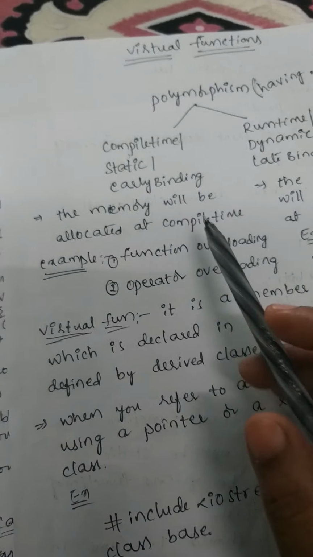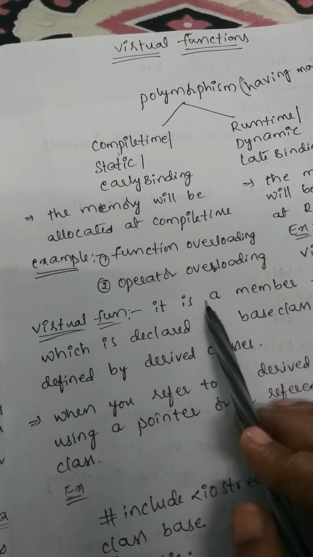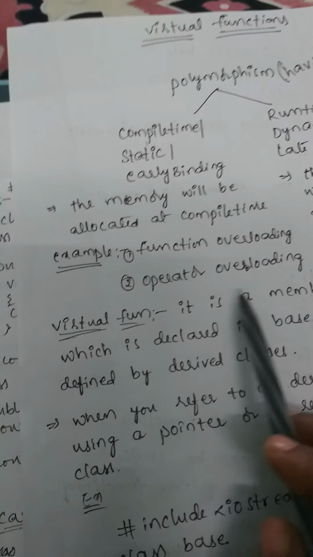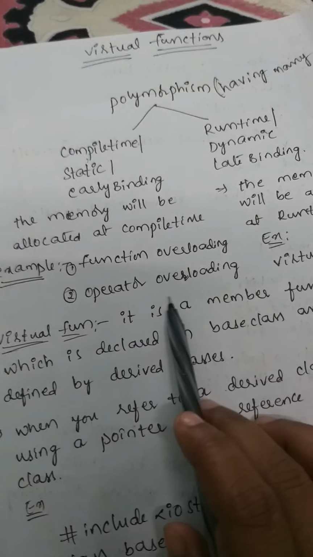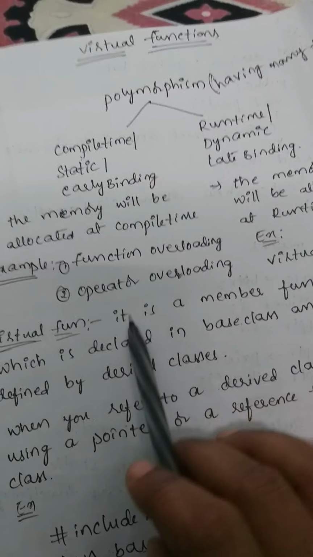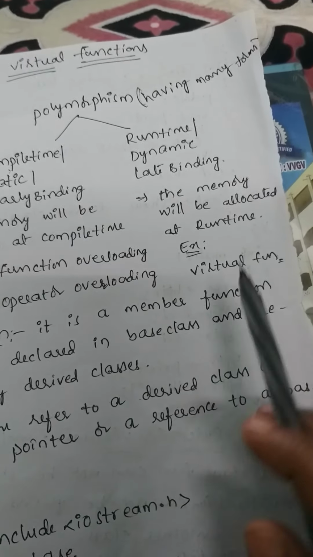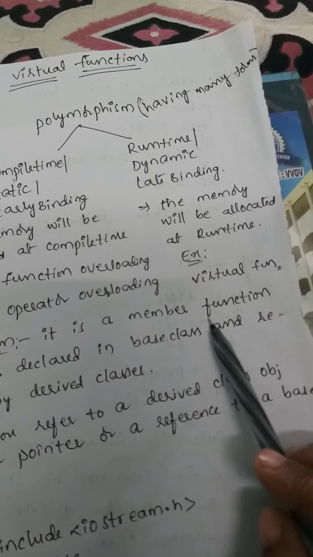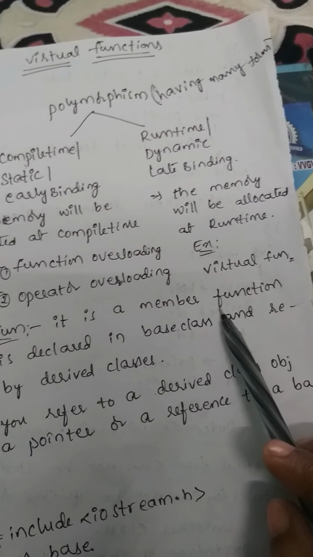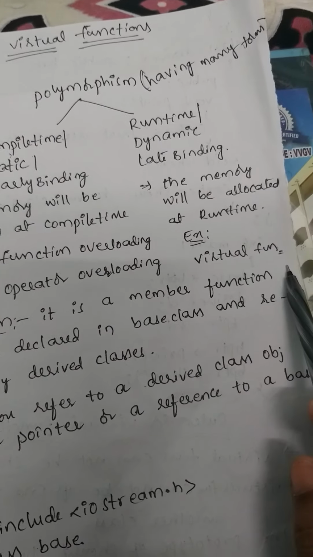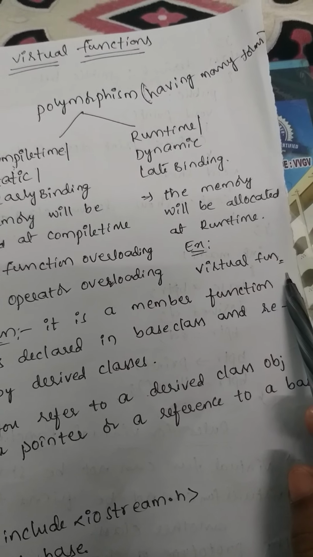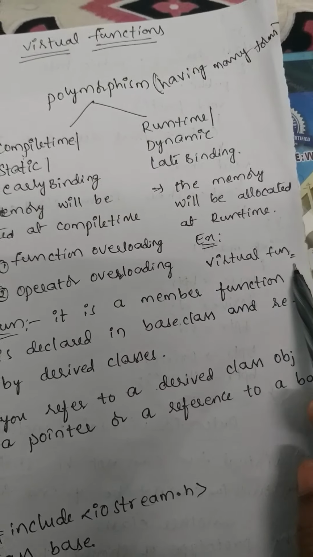The examples for compile time polymorphism are function overloading and operator overloading, which we will discuss later. The runtime polymorphism example is the virtual function.